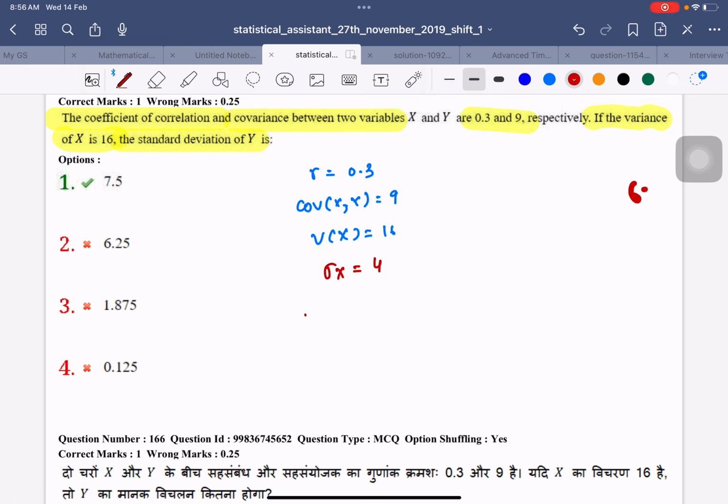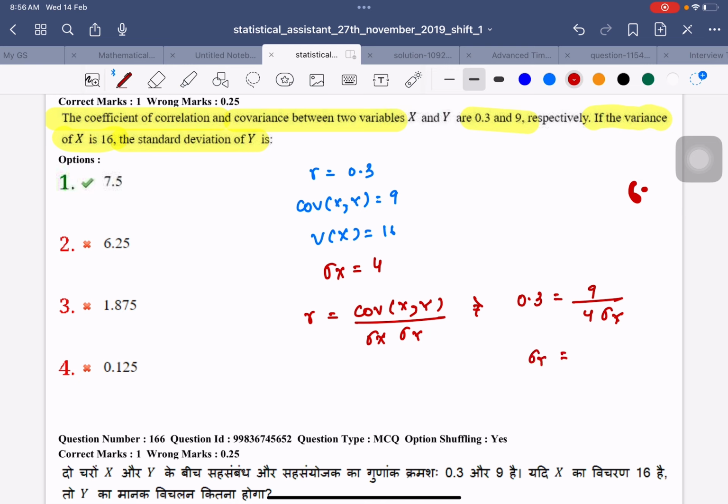And we know that r is equal to covariance of xy over sigma x sigma y. Now we need to substitute all these values. 0.3, 9, 4 and sigma y is not given.